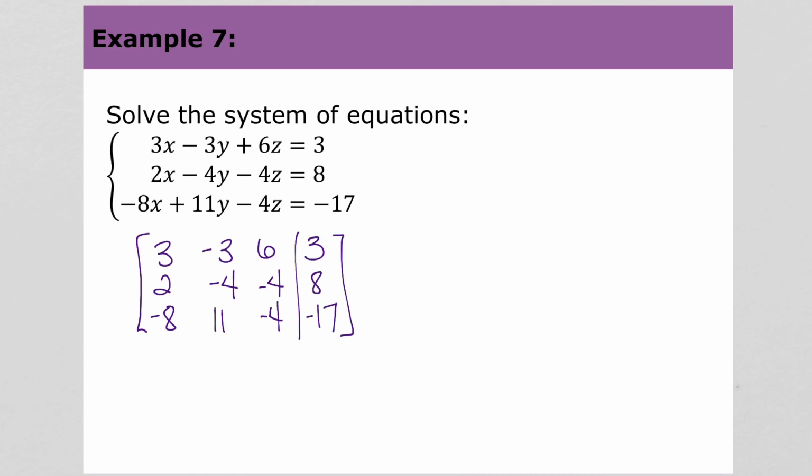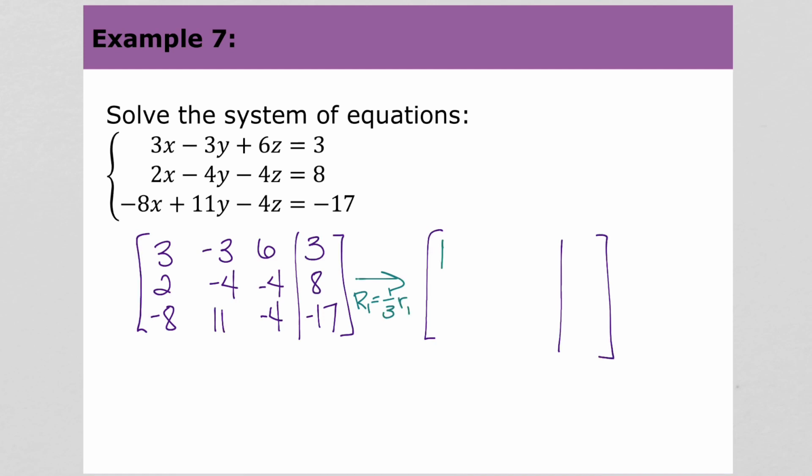Okay? And the first step, we haven't had to do this yet, but now we do, is to get a 1 in that first row, column 1. So how are we going to do that? Well, 3 divided by 3 is 1, or 1/3 times row 1.